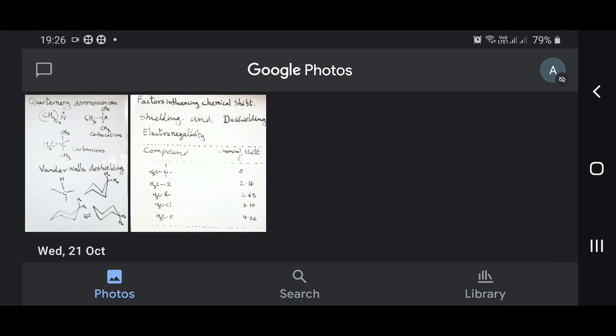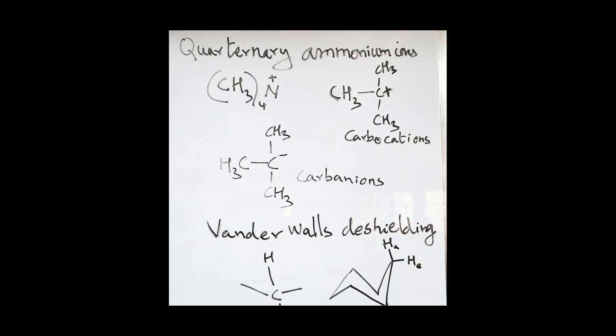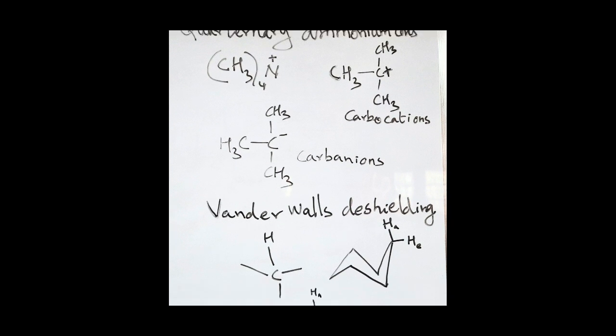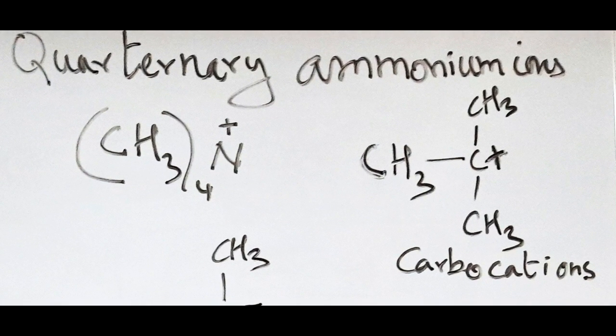Let us go to the next slide. As I told you, just like electronegativity, the electropositivity can also affect the shielding or de-shielding effect. One example we saw is tetramethylsilane. In tetramethylsilane, silicon is highly electropositive. So as a result, the electron density is displaced from the silicon atom.